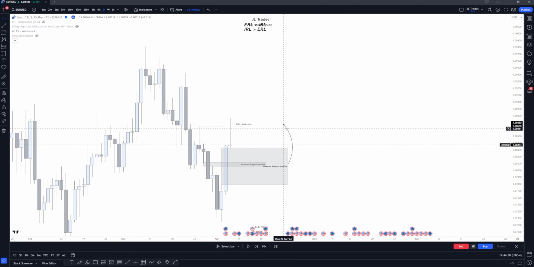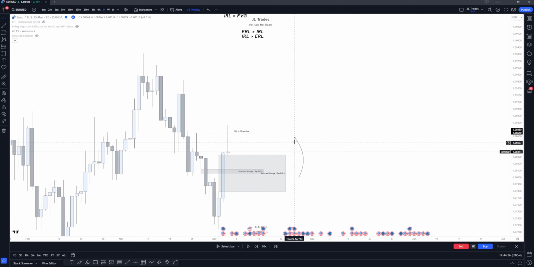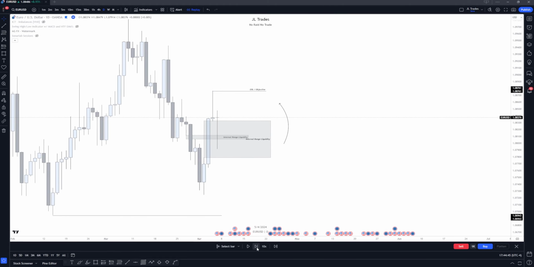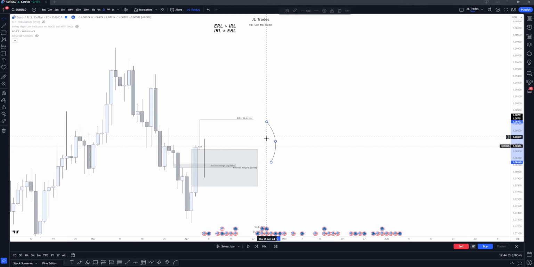So what could I expect price to do? I would want to see it move into this internal range liquidity, and possibly go to this potential swing high. So let's see what price does. We get a move into this internal range liquidity, close above it. So I can now expect this swing high to get taken on the Monday, potentially.